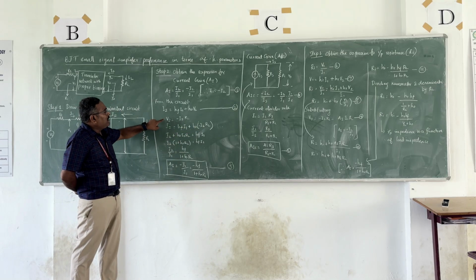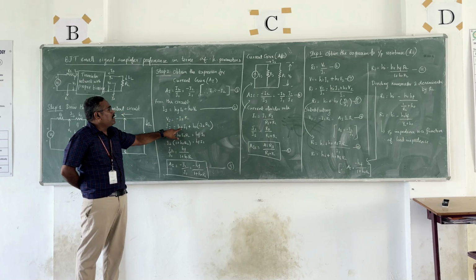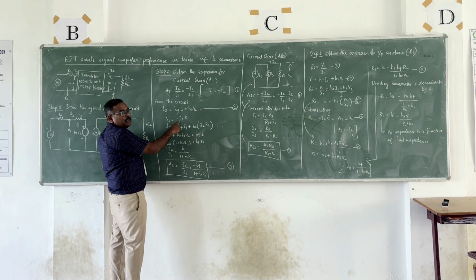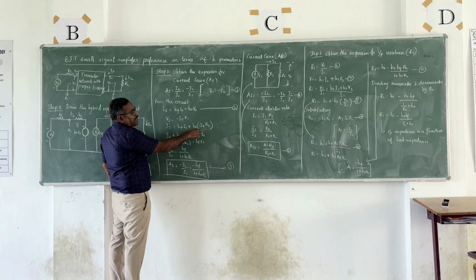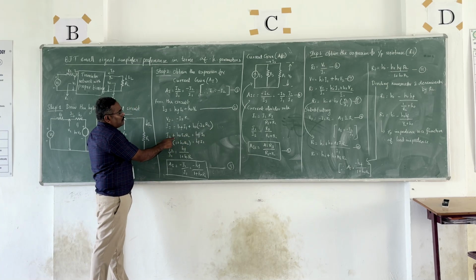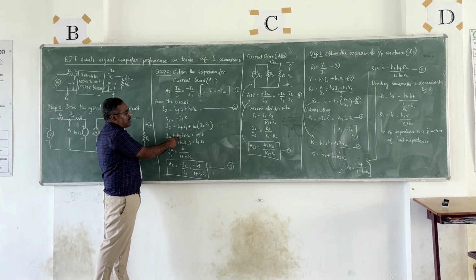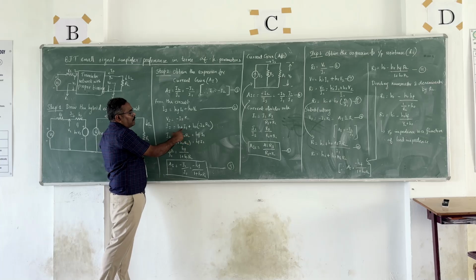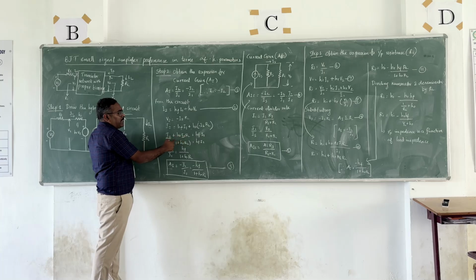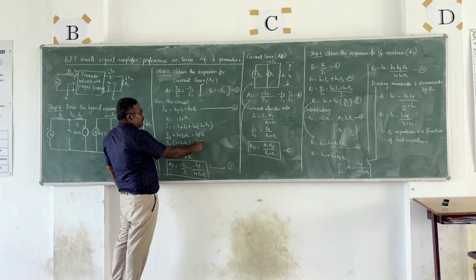So in the I2 equation we are substituting V2. So I2 is equal to hf I1 plus ho into, in place of V2, we substitute minus I2 into RL. So the ho term with the minus, when brought to this side, changes to positive: I2 plus ho I2 RL equal to hf into I1. Common term I2, so we take it outside: I2 times (1 plus ho into RL) equal to hf I1.